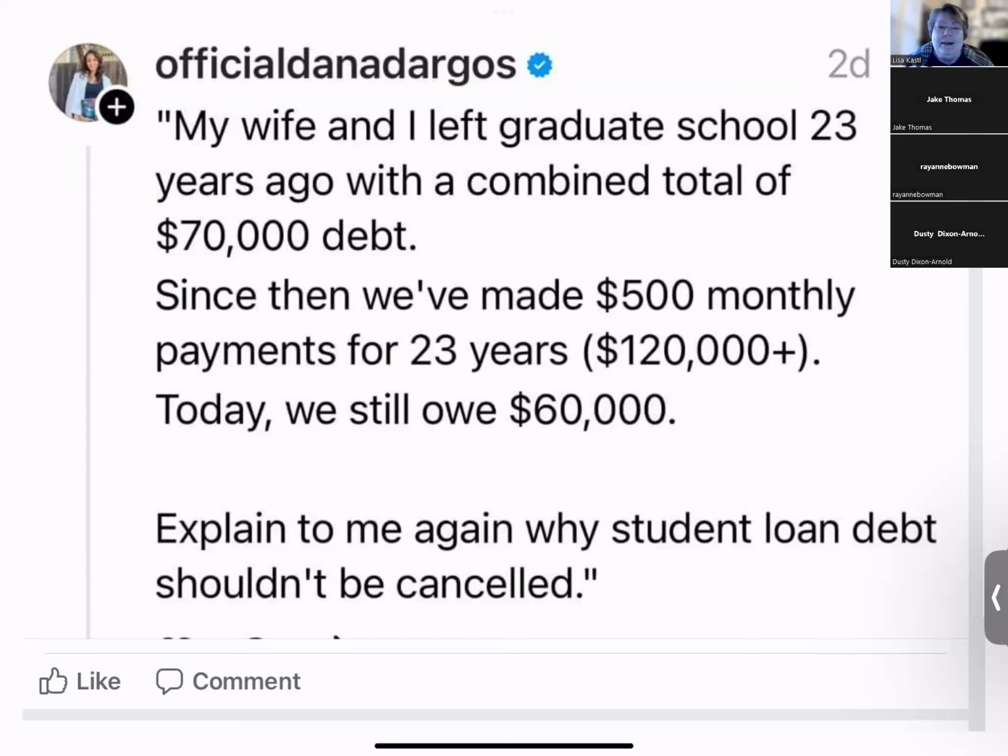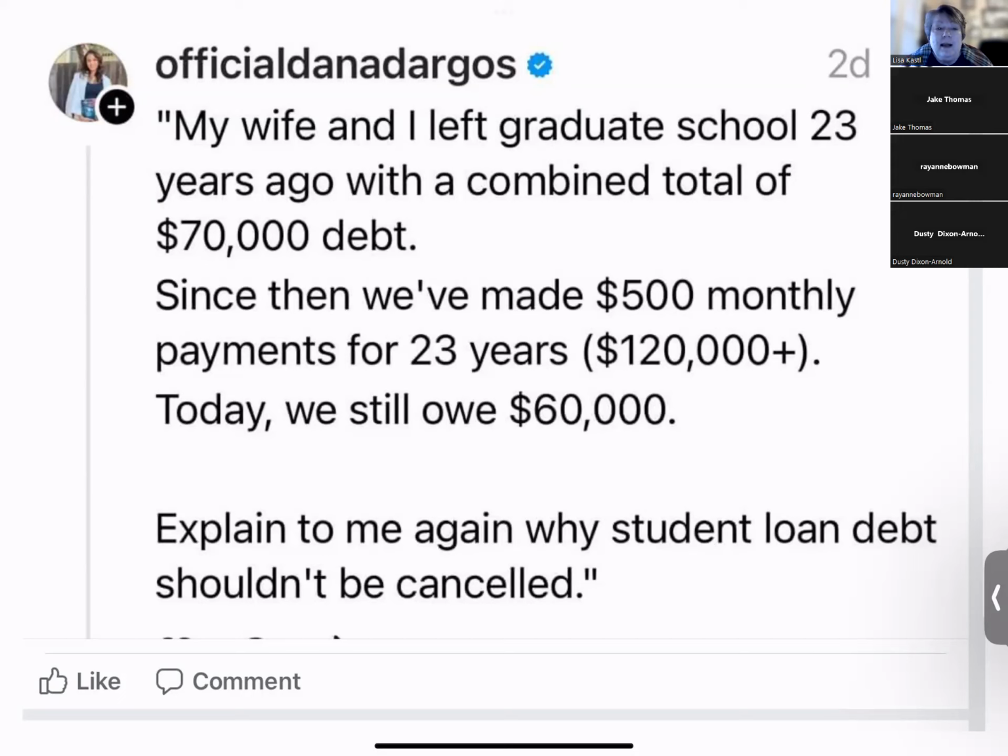This is apparently a screenshot from the official Dana Dargos account, which I don't know if that's supposed to be on Twitter or where that's at, but I couldn't find this person on Facebook with that account name. So maybe it's a Twitter. I couldn't find any evidence that this actually is a real post.